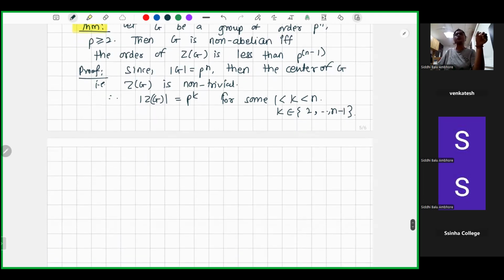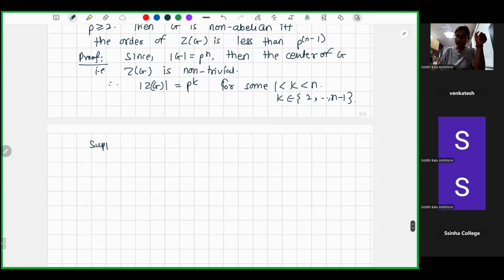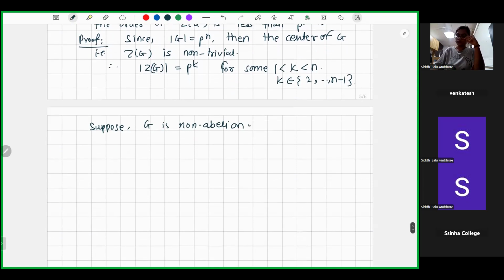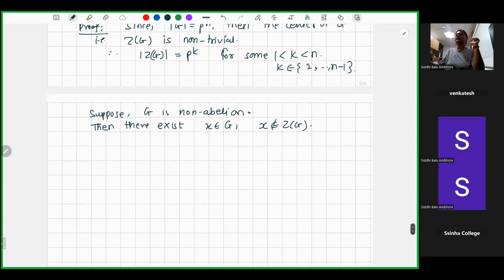And now we will show that n minus 1 is not possible. So suppose G is non-abelian. Then there exists x in G such that x is not in Z(G), right? Otherwise, the entire group will be abelian, because then every element will be inside Z(G).